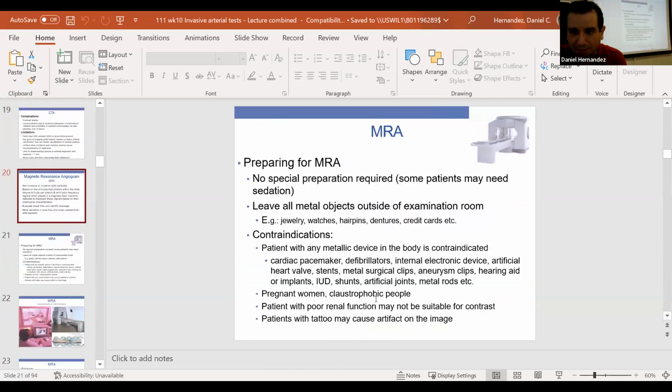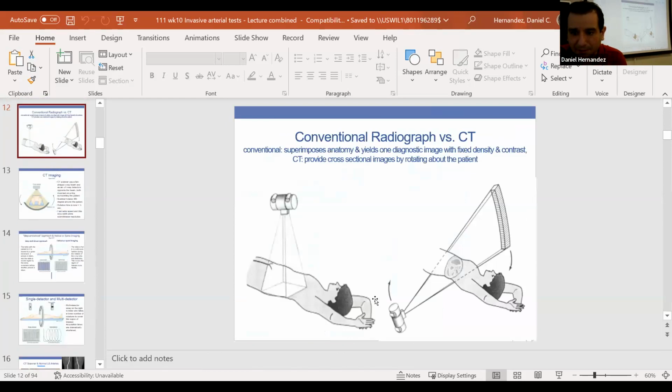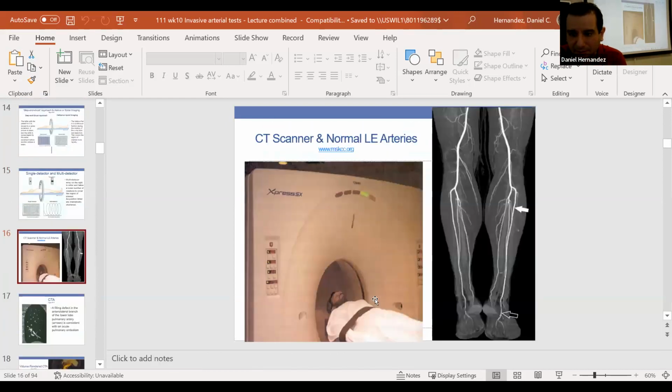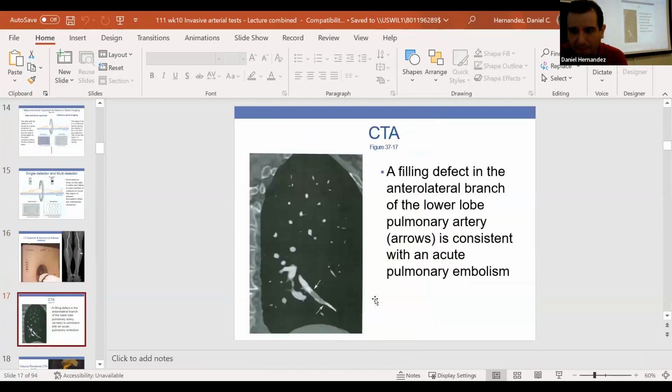I'm trying to show a nice picture for that. Saw one here. So here we can see this filling defect. Here we see the vessel nice and bright, filled up with color, so it's considered opacified.